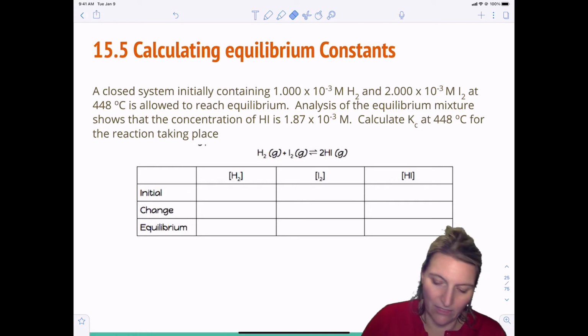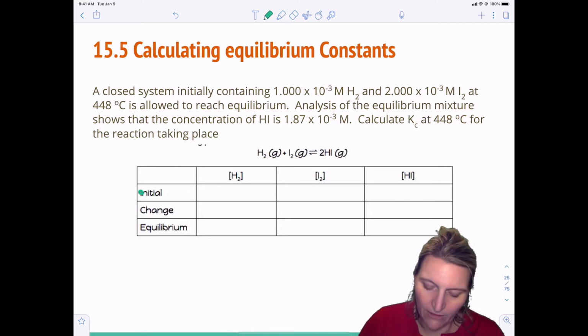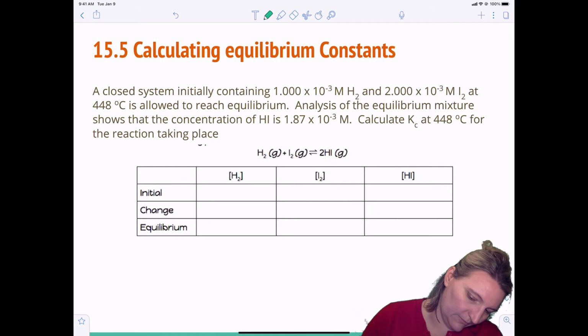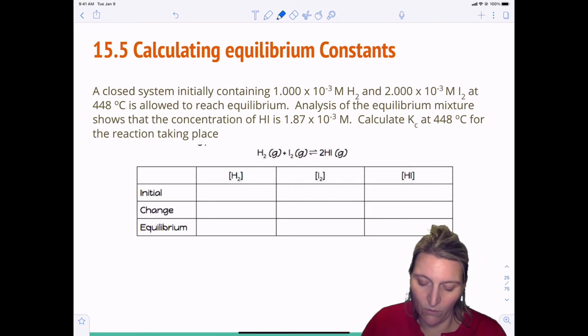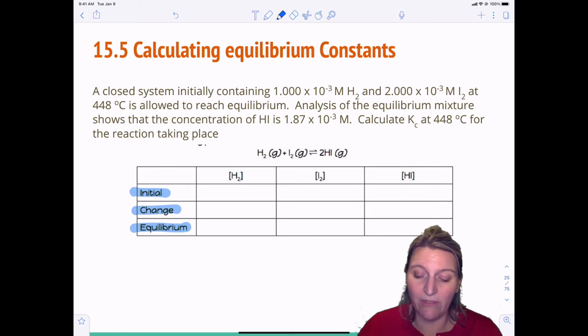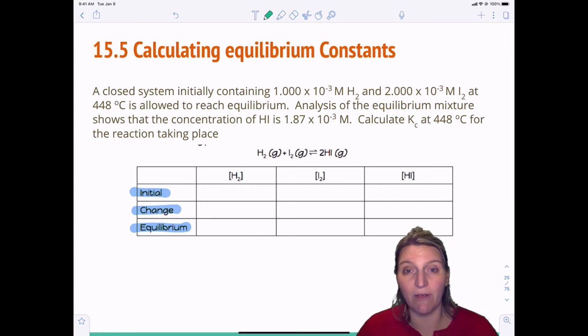ICE stands for initial, change, equilibrium. We're going to notice that this is kind of similar to those BCA charts when we were learning stoichiometry last year in quarantine. We talked about using BCA charts in order to keep track of the amount of reactants and the amount of products.